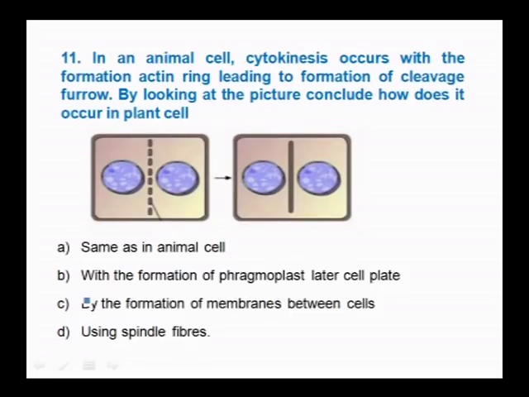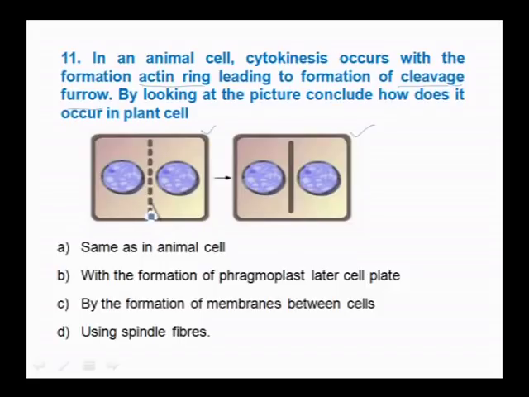Now the 11th question is regarding cytokinesis. In an animal cell, cytokinesis occurs with the formation of actin ring leading to the formation of cleavage furrow. So they have explained how cytokinesis occurs in animal cell. Now by looking at the two diagrams which indicate the plant cell, you have to conclude how it happens in plant cell.